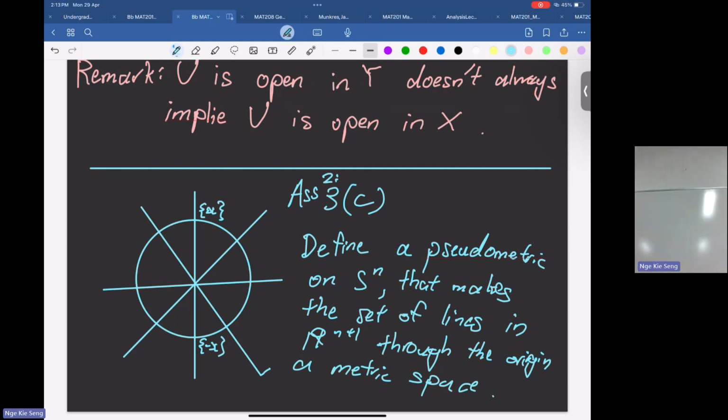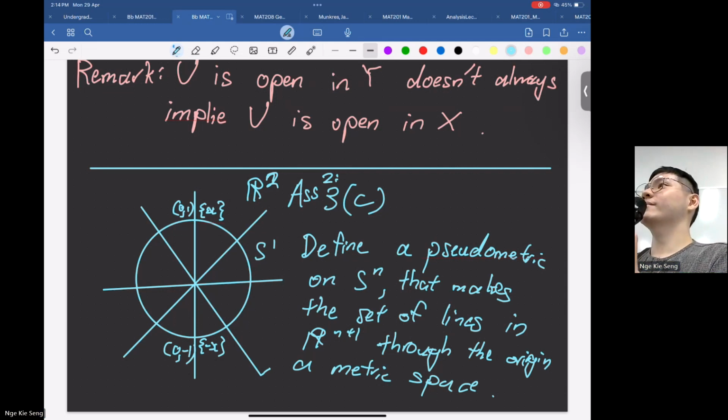It depends on what n is. For example, in this case it is R2, so this sphere here is S1. In particular, this point here is 0, 1, and the other point is 0, minus 1. That's x and minus x, and then you can prove that this is true for general n.